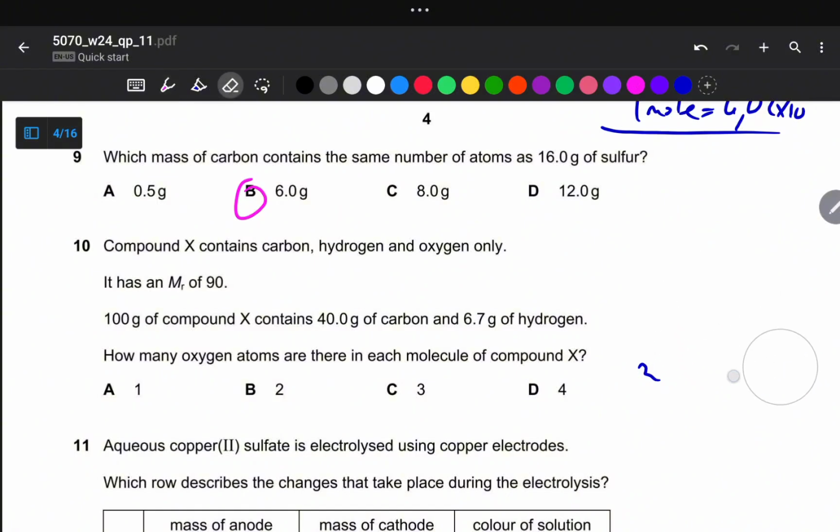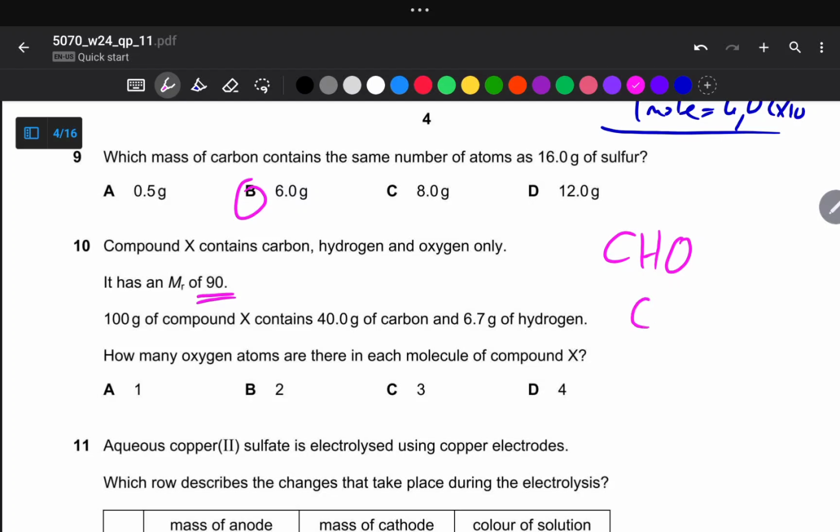And then we've got question number 10, which says a compound X contains carbon, hydrogen, and oxygen only. So it's CHO. This is the general empirical formula for carbohydrates in biology. It has an Mr of 90, relative molecular mass of 90. We are told that 100 grams of compound X contains 40 grams of carbon, and then 6.7 grams of hydrogen.